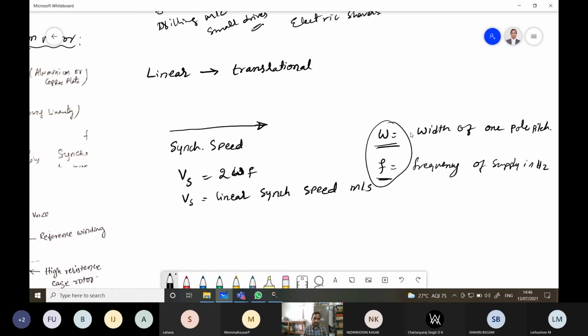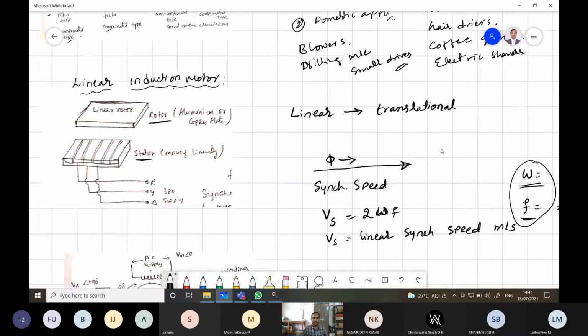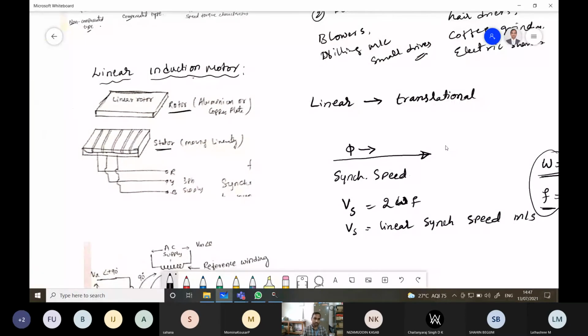As the flux moves linearly, in a linear direction, it drags the rotor plate along with it in the same direction. Look at the diagram. Both rotor and stator are here.